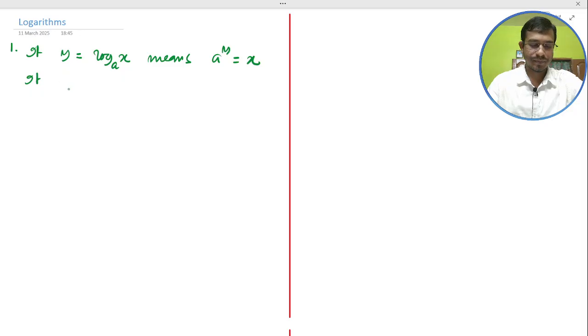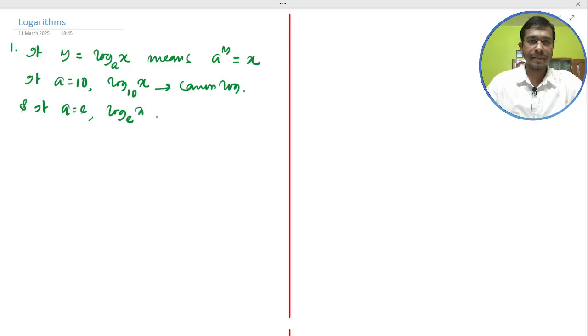If a equals 10, that is log base 10 of x, it is called the common logarithm. And if the base is e, that is log base e of x, this is called the natural logarithm.